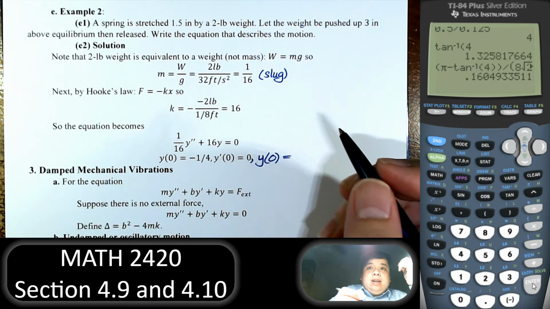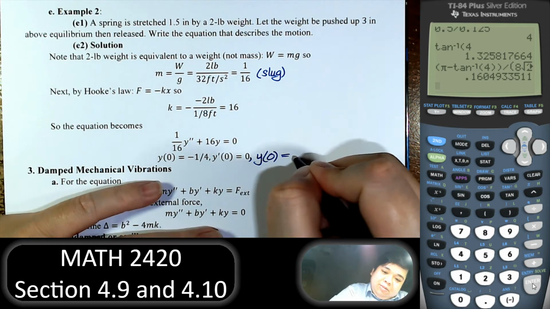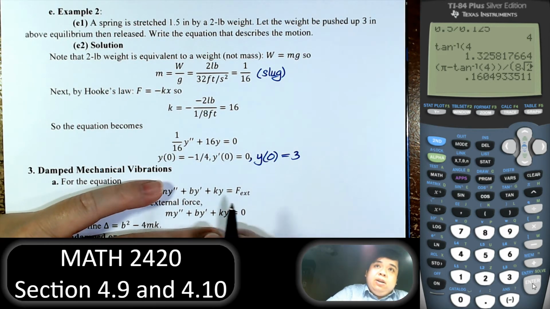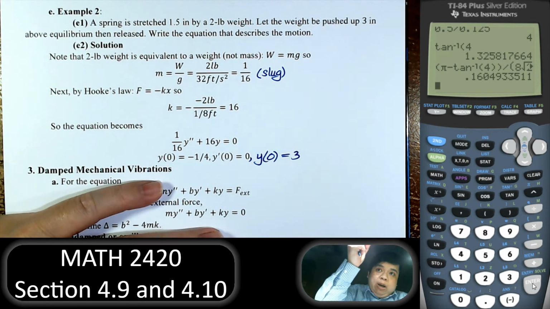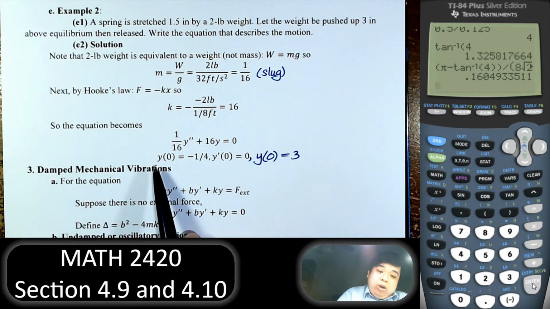Let's assume that it is above, so it's going to be positive. We just push it, hold it, and then release. So we did not give it any initial force or initial velocity. So that's why we have this system.